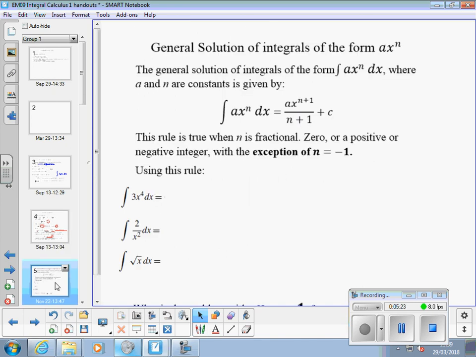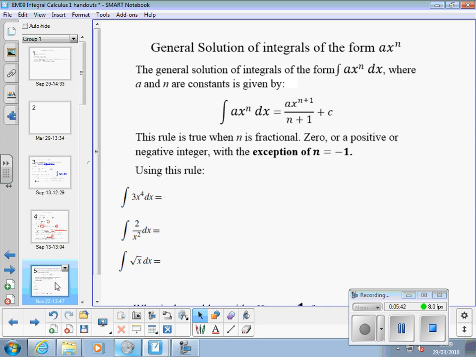So, the easiest differentials to deal with were those of the form ax to the n, although sine and cosine ones are not that difficult either.